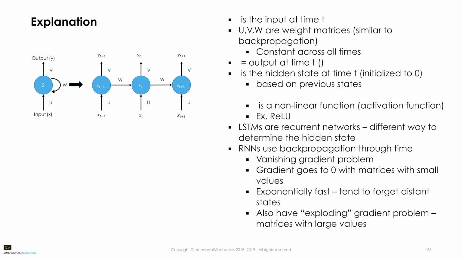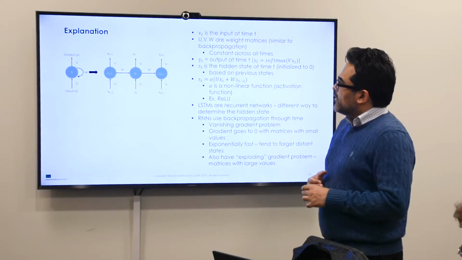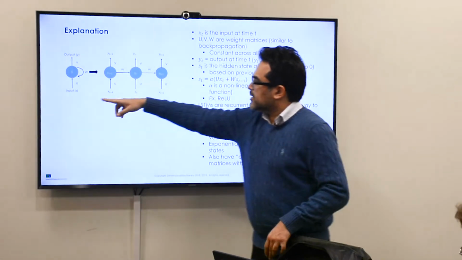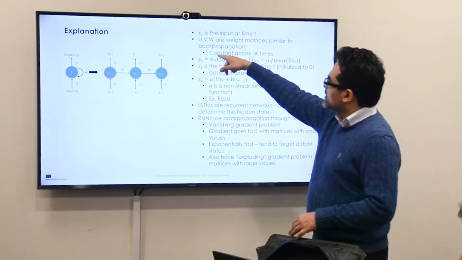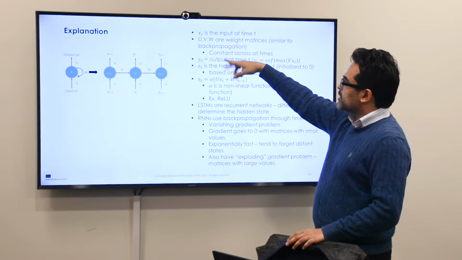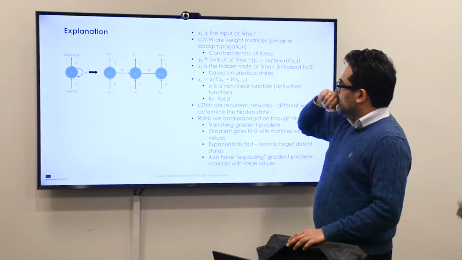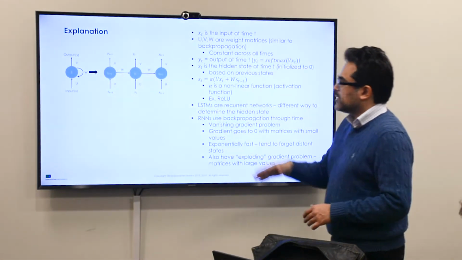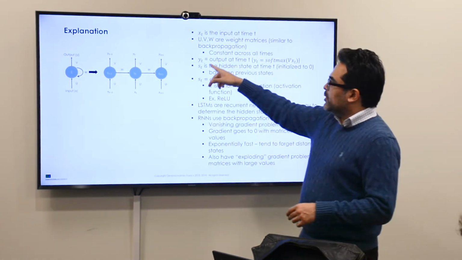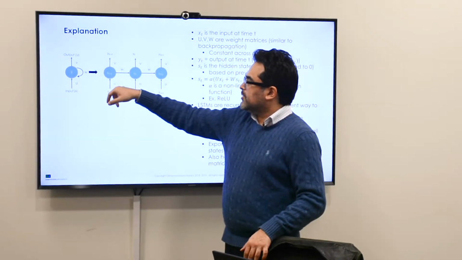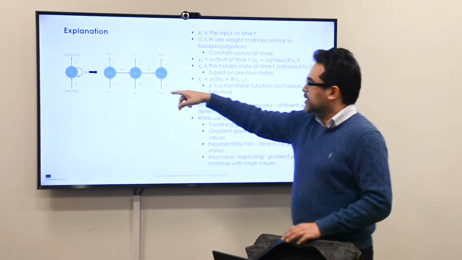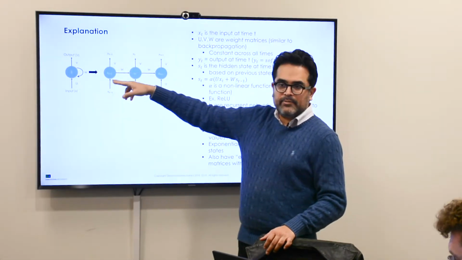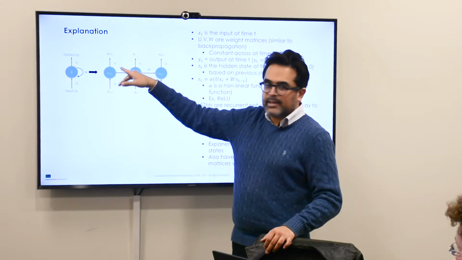In terms of how that works more mathematically, you have the x input at time t going in there. You have three matrices, which are U, V, and W, and you have a hidden state of the system, s, which changes over time. When you update the system, you have U and V changing, and a weight matrix which goes into the next one.